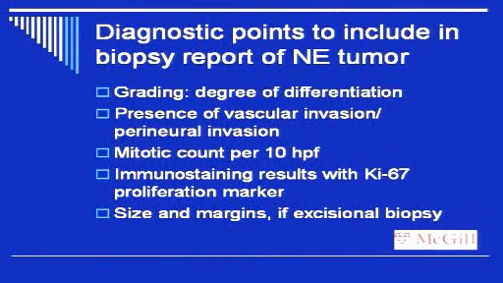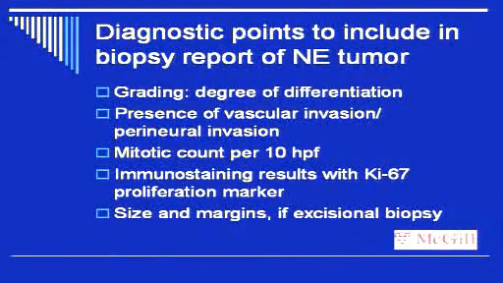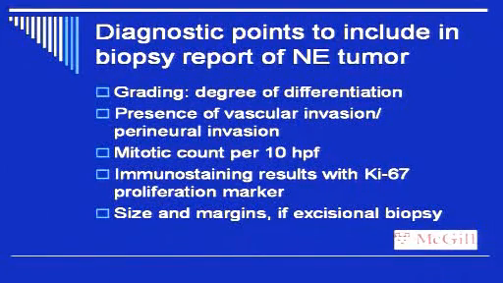And then the other thing you would have to mention is the mitotic count, which we assess in 10 high-power fields. So it's recommended that a minimum of 40 to 50 high-power fields are reviewed on the slide, and then come to an estimate approximately as to what the mitotic count is per 10 high-power fields.